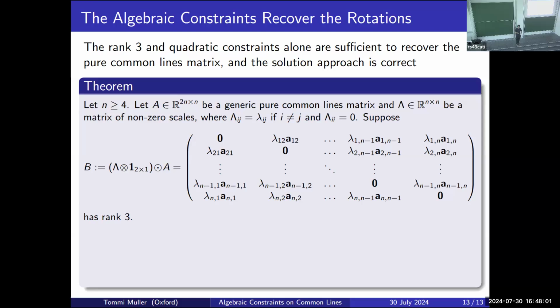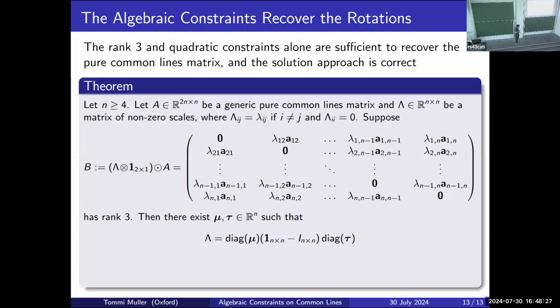That's supposed to be the output of ADMM. If it has rank 3, then the best thing happens. The final answer is only off by row and column scales. Meaning after you run ADMM on B, you are only off from the pure common lines matrix by some row and some column scale.